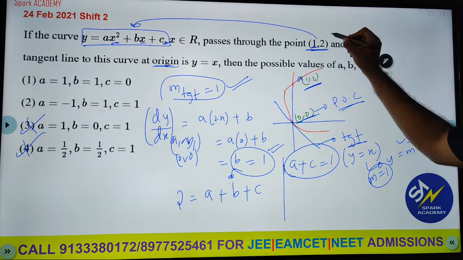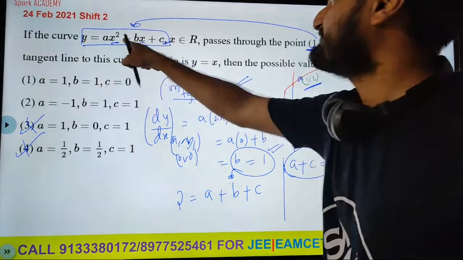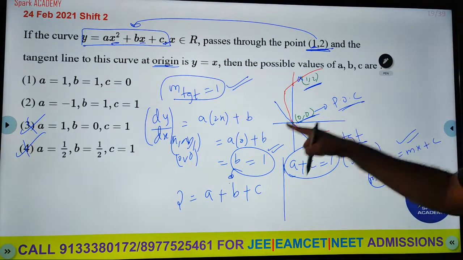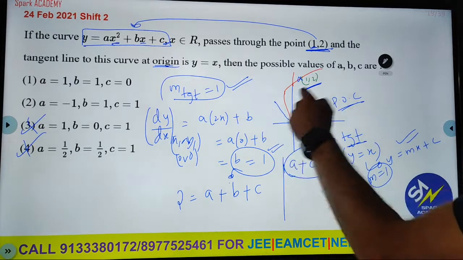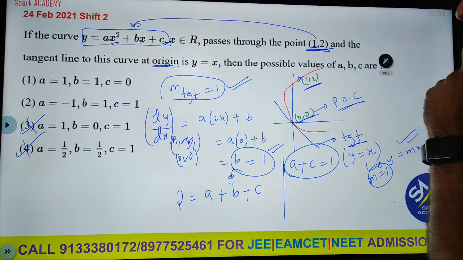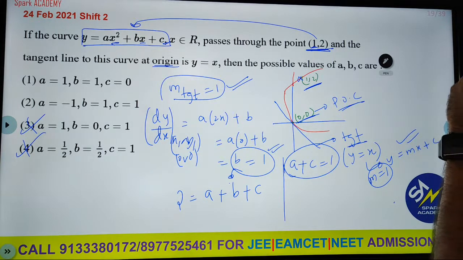So passes through the point (1, 2). So y equal to 2, x equal to 1 we are taking. So a plus b plus c is equal to 2. So the b value we got as 1. The slope of the tangent is nothing but 1. Then the possible values of a, b and c is what they are asking you.